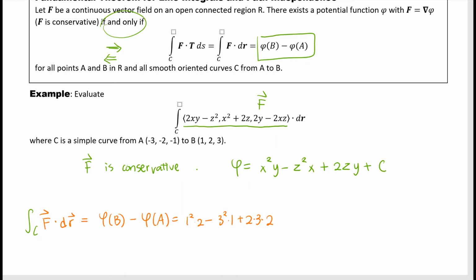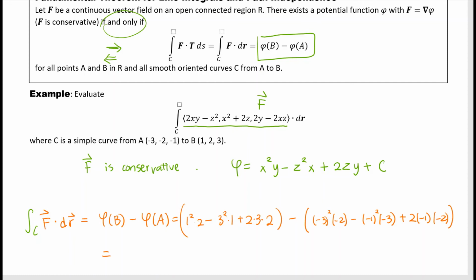And we don't need to add the constant because the constant minus the constant just cancels out. So this is phi of b minus phi of a. Well, x squared, so minus 3 squared, y is minus 2, and then minus z squared, minus 1 squared, x is minus 3, and then plus 2z, z is minus 1, y is minus 2, right?